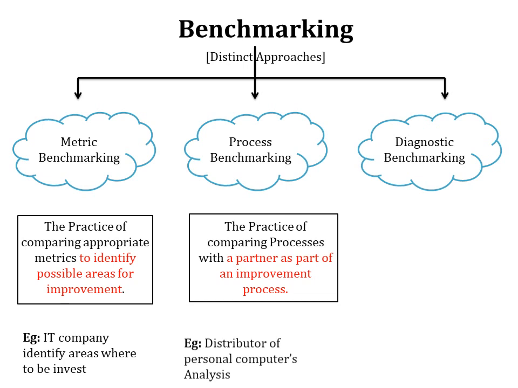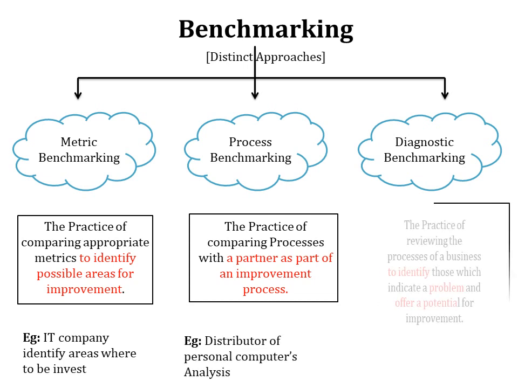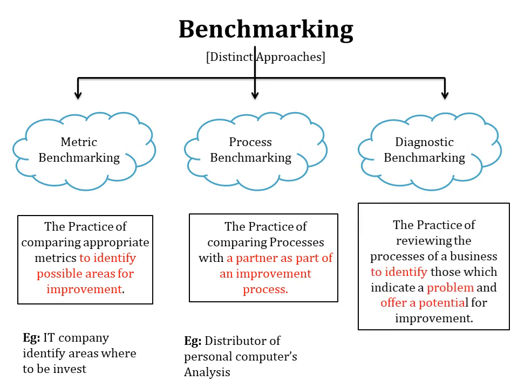Process benchmarking is the practice of comparing processes with a partner as a part of an improvement process. For example, a distributor of personal computers may analyze a competitor's supply chain functions in the hope of identifying successful elements of the processes that it can use to its advantage.